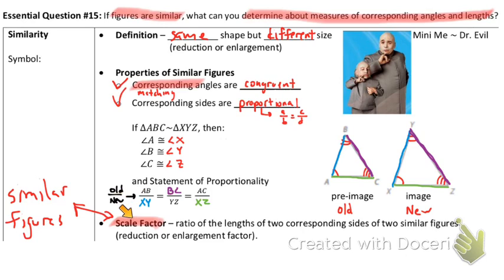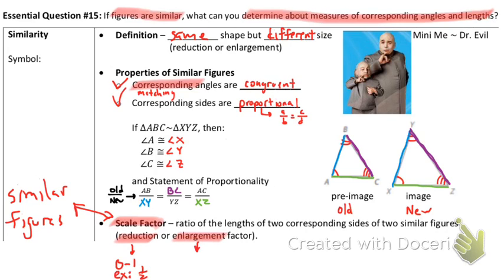And what's great about the scale factor, it lets us know if we have a reduction or an enlargement factor. So to know the difference, when you have a reduction, your scale factor is going to be between 0 and 1. For example, a scale factor might be like 1/2. That means we are making our shape a half size smaller.